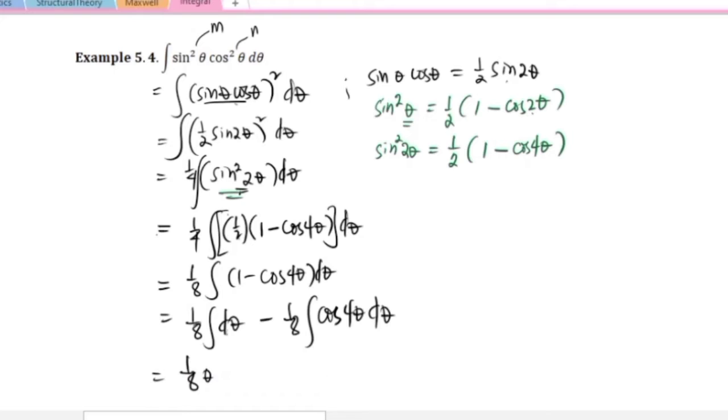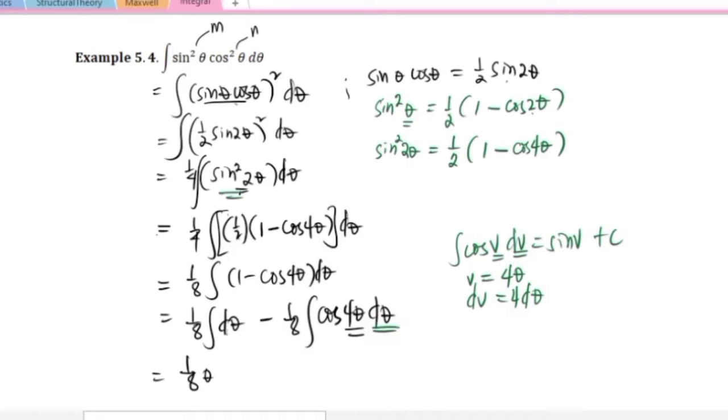and here, we have the cosine of 4 theta. So from our formula, the integral of cosine v dv is equal to sine v plus c, provided that dv here is the derivative of the angle v. So since your v here is equal to 4 theta, meaning your dv is 4 d theta.